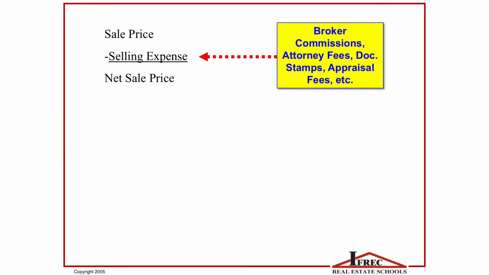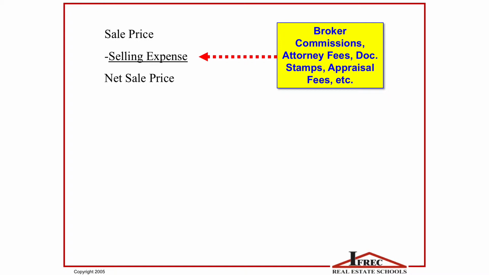We're taking a look at the overview of generally how capital gains are arrived at in the sale of an investment property. So when you're taking a look at the slide, we're going to be looking at the calculation of those gains, and it starts with the sales price of the property, which makes a lot of sense. From that, the good news is that the seller does not have to pay taxes on the monies they expended to sell the property, commonly known as selling expenses.